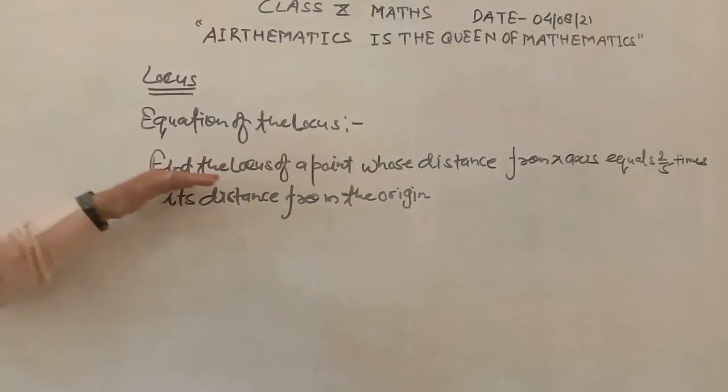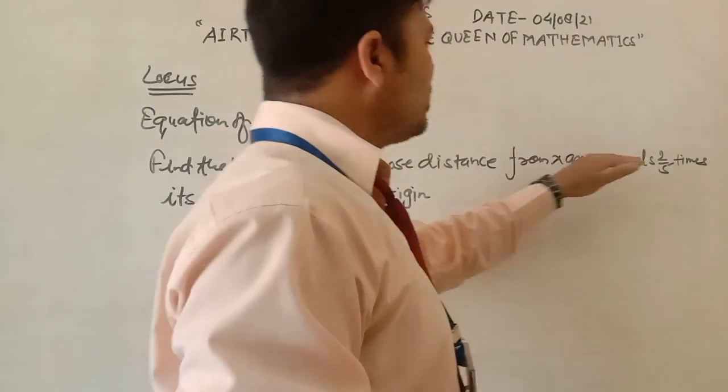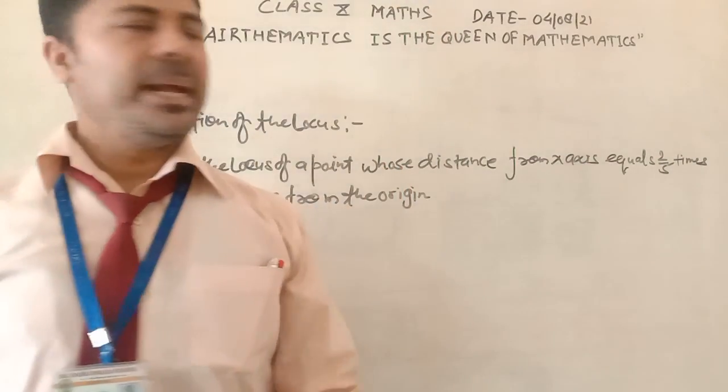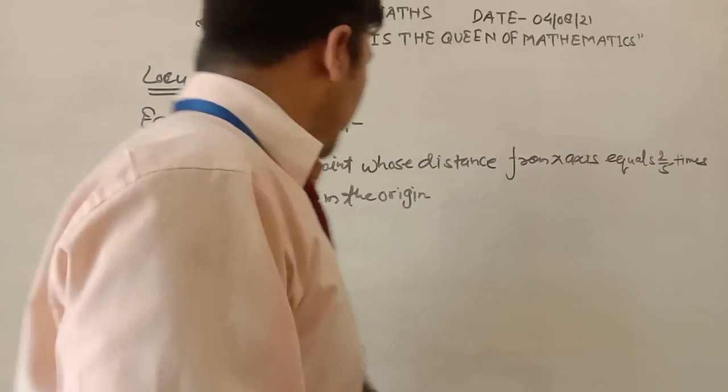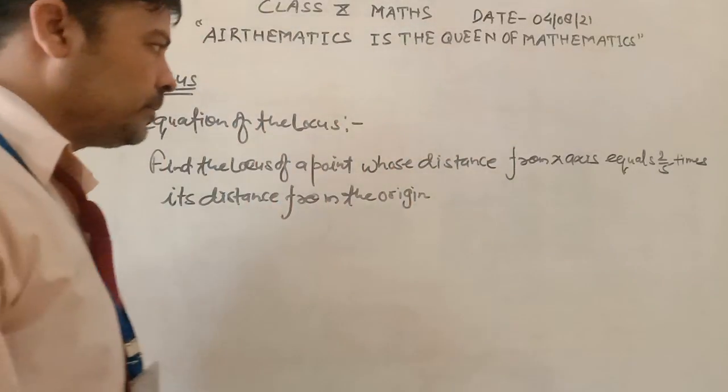It means you need to find the locus of a point whose distance from the x-axis is equal to 2 upon 5 times the distance from the origin.